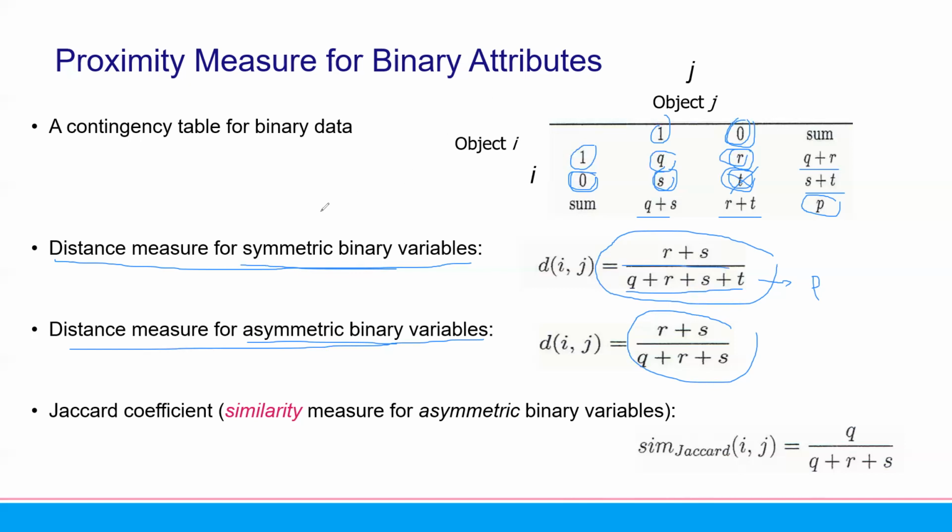If we have gender, female and male, is it symmetric or asymmetric?